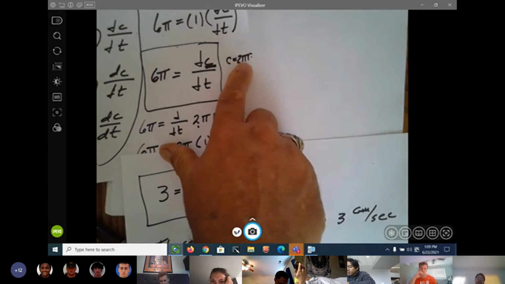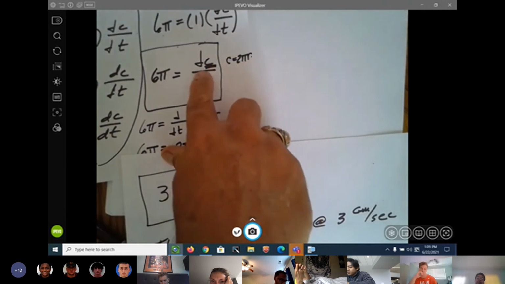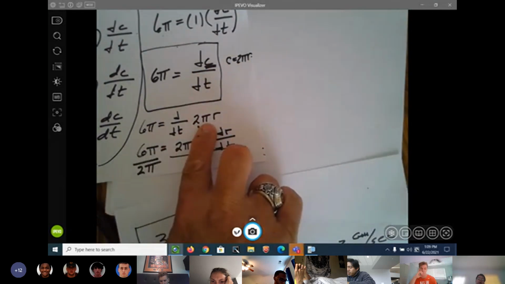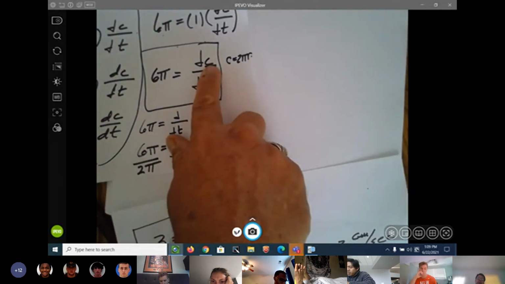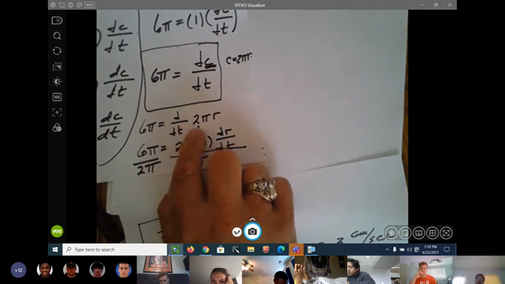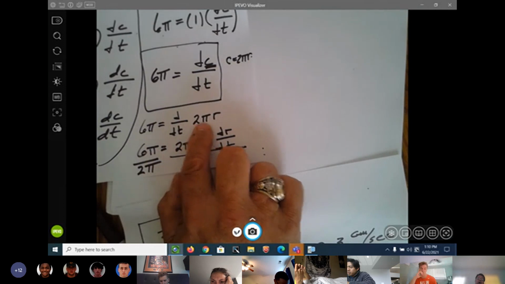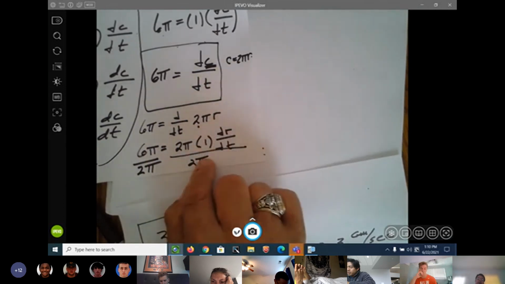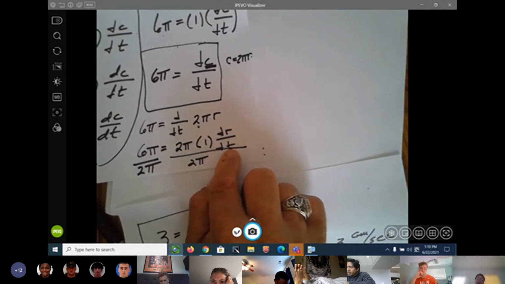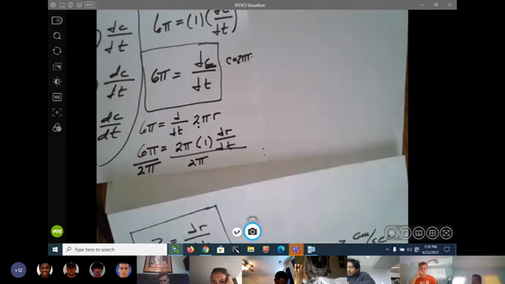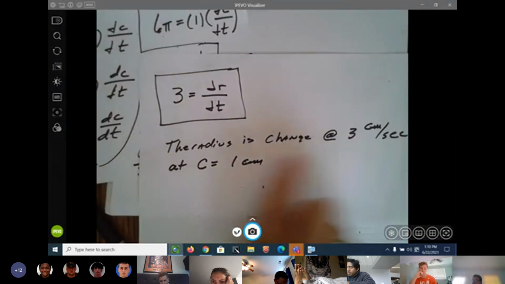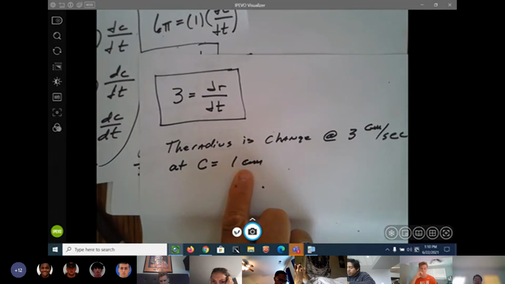So we have to change that C to 2 pi r and take the derivative of 2 pi r, because the circumference doesn't help us. So 6 pi is equal to the derivative of circumference, which is 2 pi r, and that comes out to be dr/dt. That's what we're wanting, the change in the radius. So the change in the radius is 3 centimeters per second when the circumference is 1 centimeter.